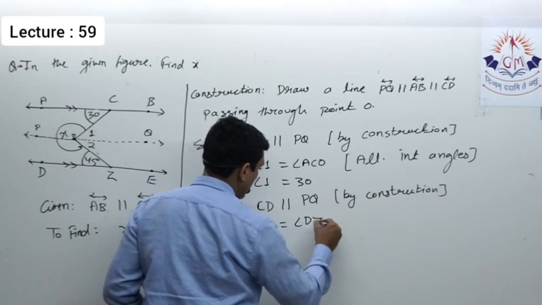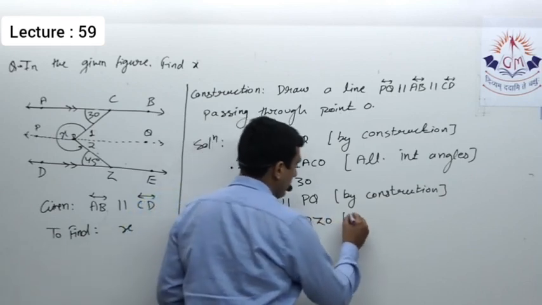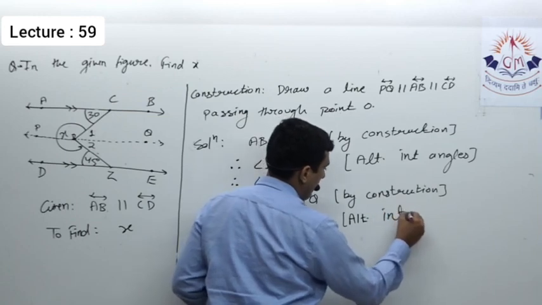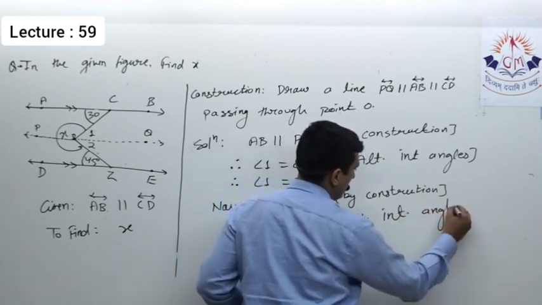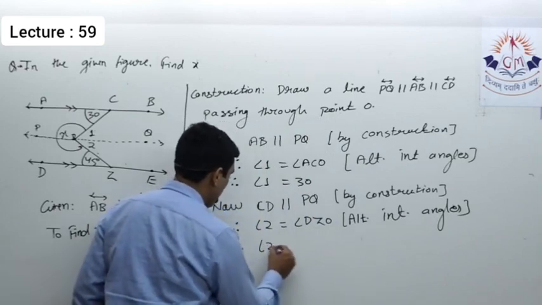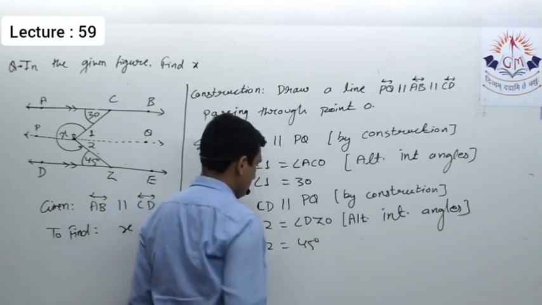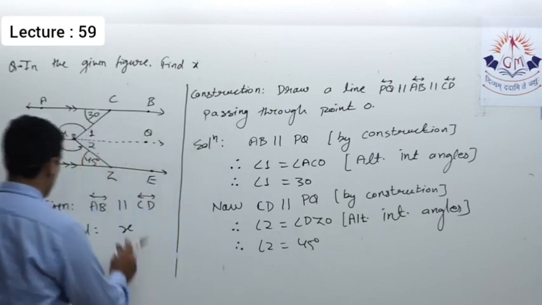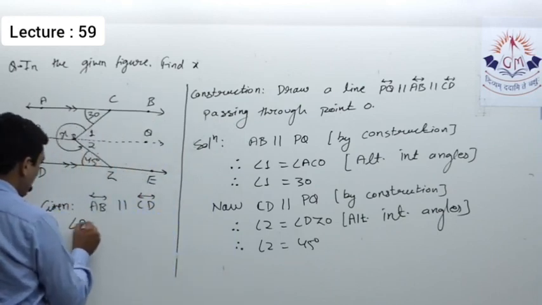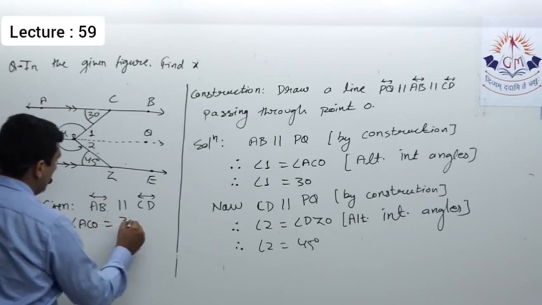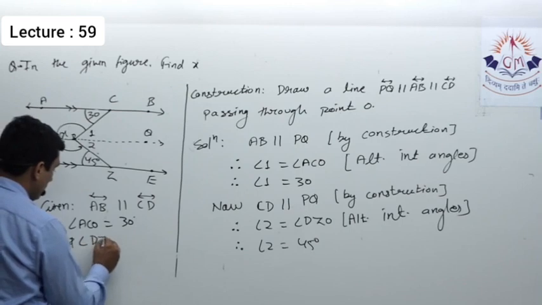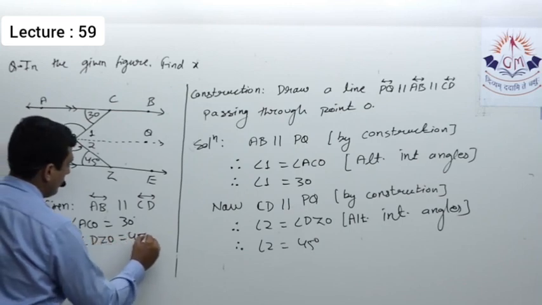Again the reason is alternate interior angles. So here I got the measure of angle 2, that is 45 degrees. One thing more, you can add in the given portion that angle ACO equals 30 degrees and angle DZO equals 45 degrees.